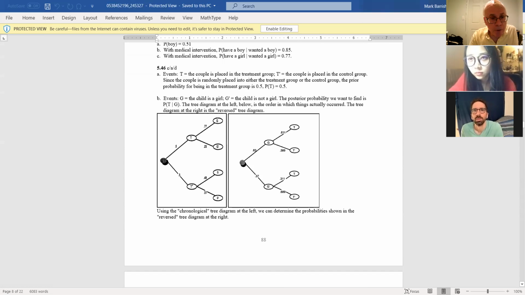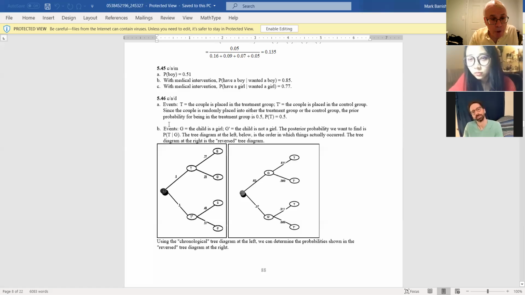I don't know if I agree with the solution. Because G is the child is a girl. The probability of a girl in general is 0.49. You can't get around that. Now, if G is the child is a girl, and what else?